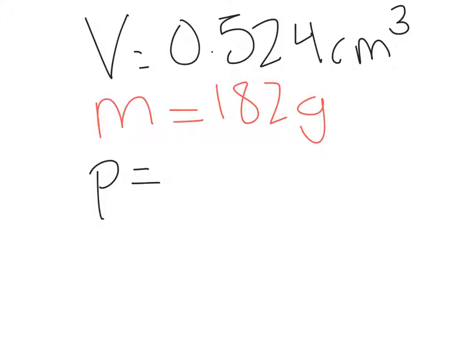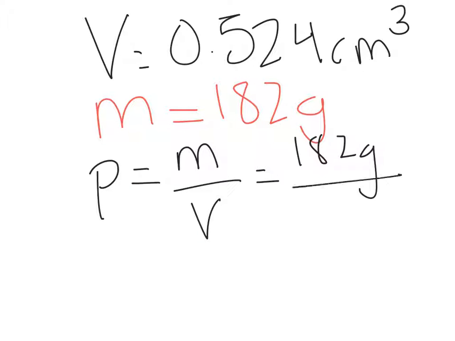Density, rho, is mass, M, over volume, V. We know that our mass is given to us as 182 grams, and our volume we determined to be 0.524 centimeters cubed. Let's plug these values in to see if we can solve for density.